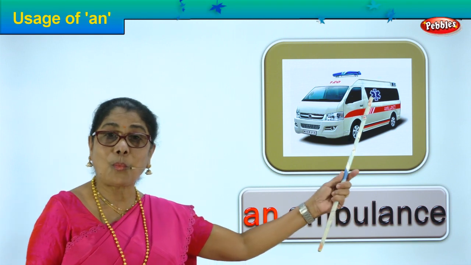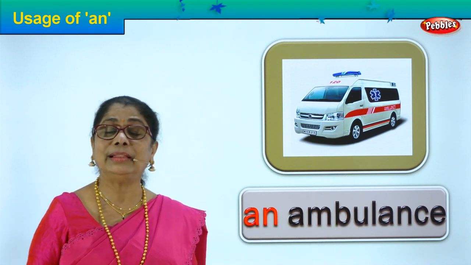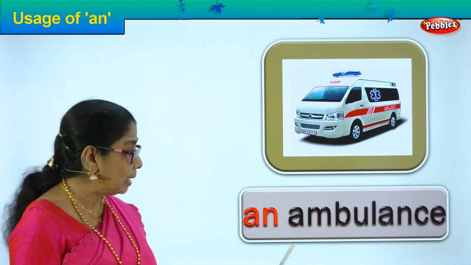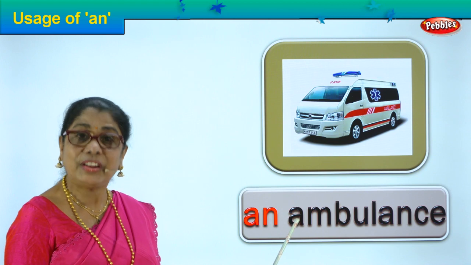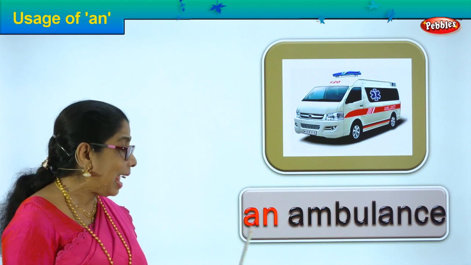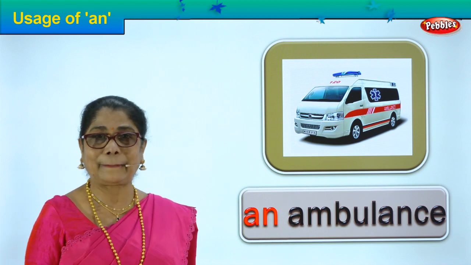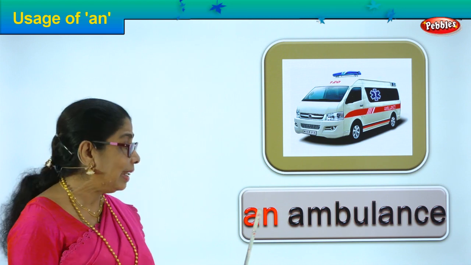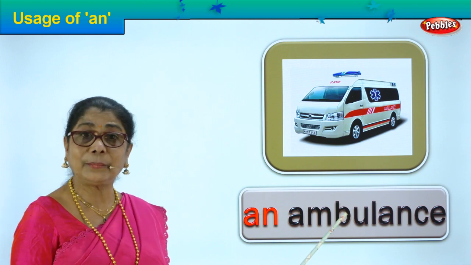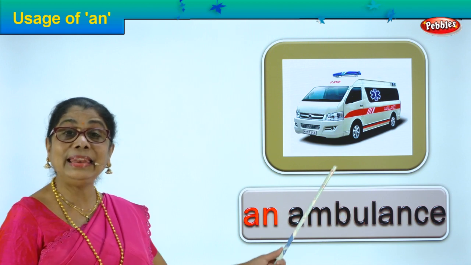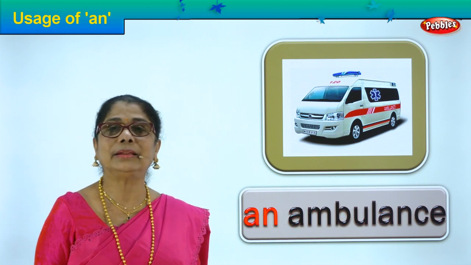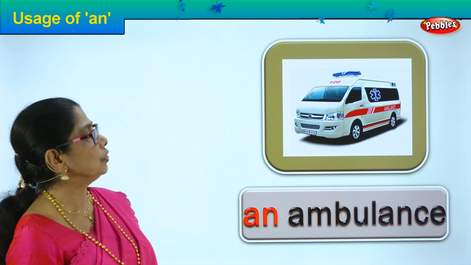Read that word, ambulance. The word ambulance begins with the letter A, which is a vowel. So we say an ambulance. Make way. An ambulance is on the way. This is an ambulance. Good. Let's take a new picture.